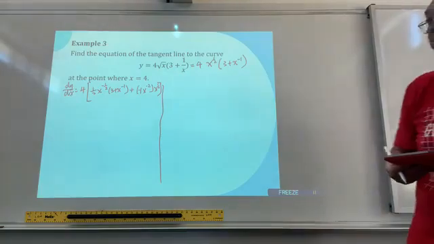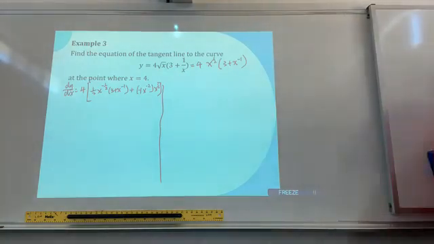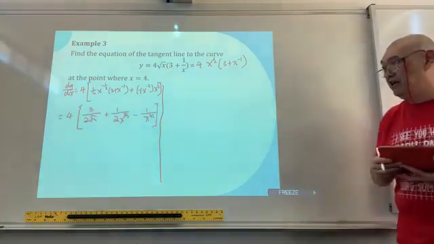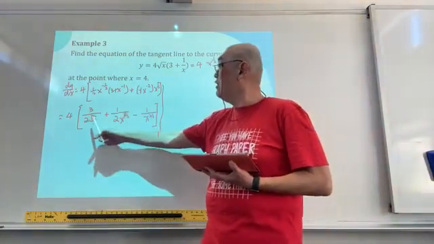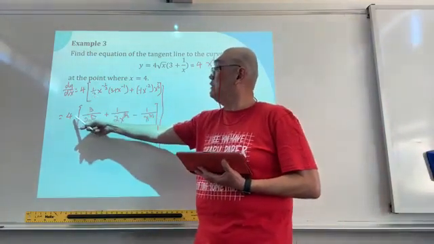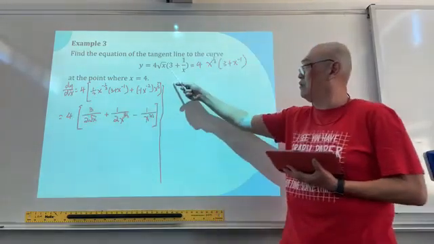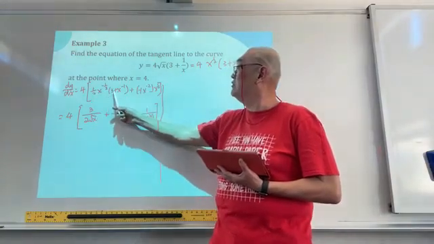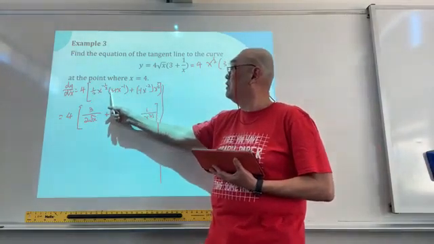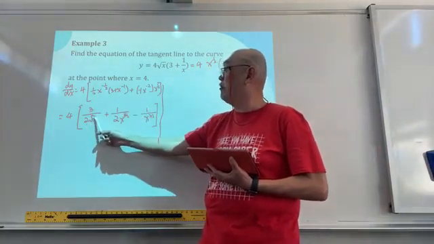Now, what I've done next is multiply everything in, so that I still keep my 4 out. The coefficient, I'm not going to worry about it. So half x to the power of minus half times 3 is 3 over 2 square root of x.